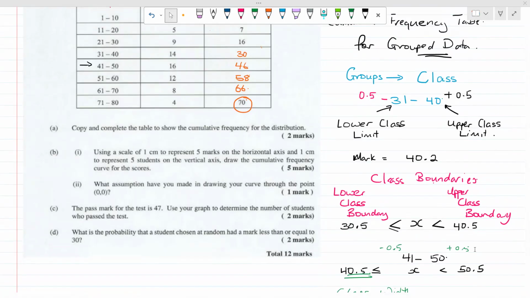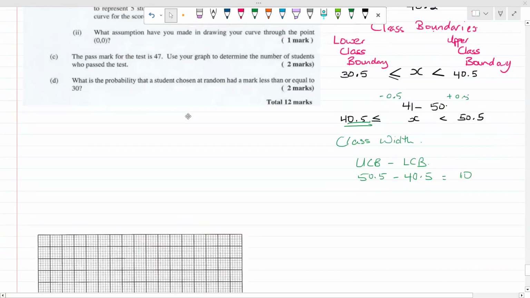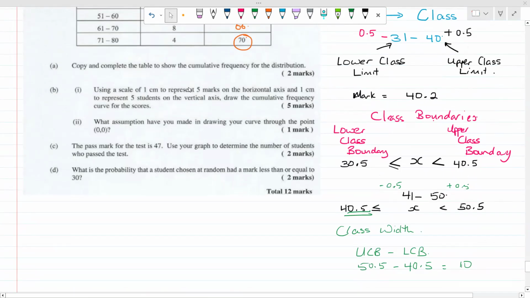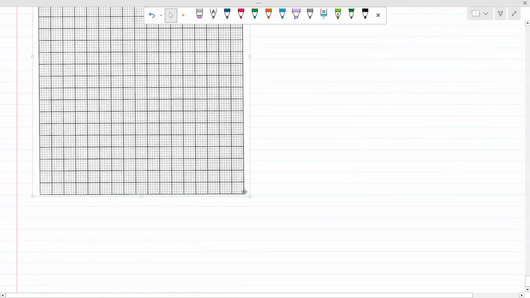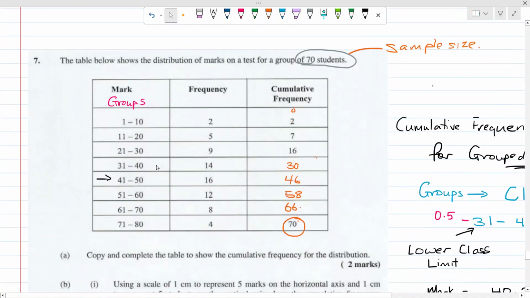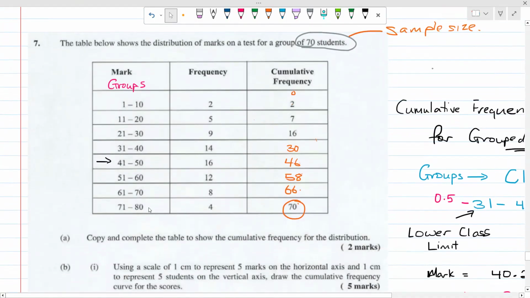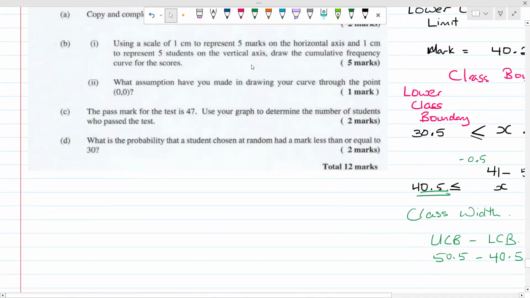Right? Now, 1 sec. So we're doing 1 centimeter to represent 5 marks on the horizontal axis. So let's get this a little bigger. And if we look at our marks going from 1 all the way up to 80, every 1 centimeter is 5 marks.